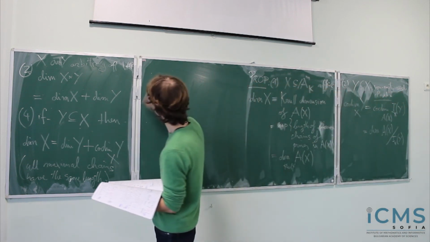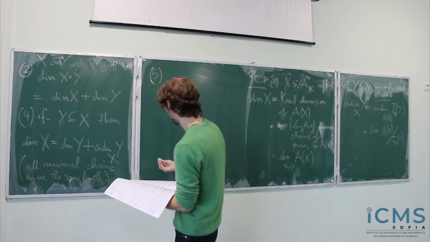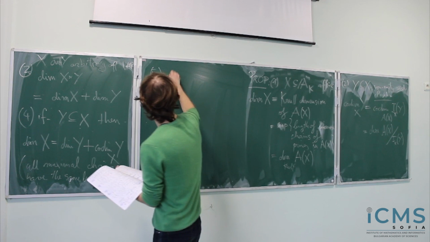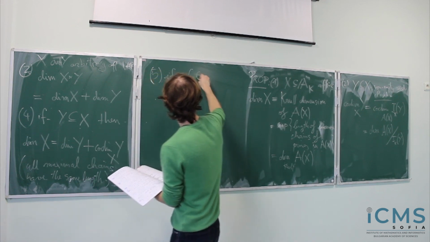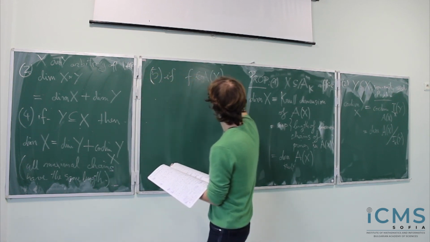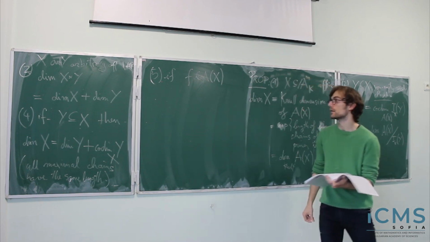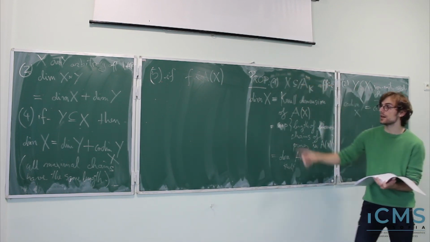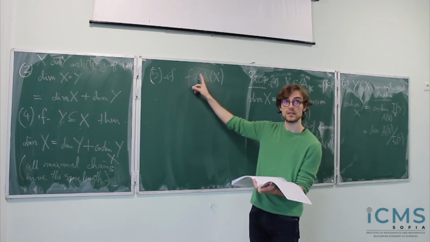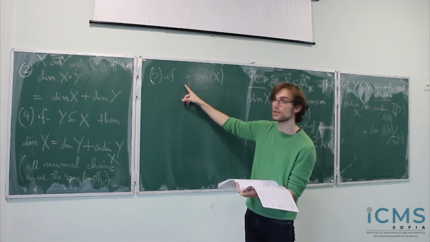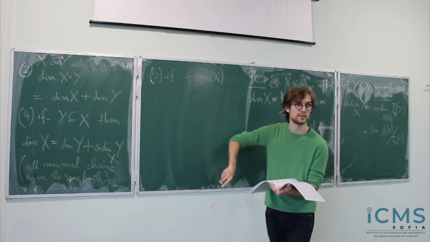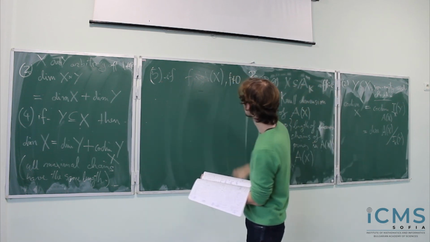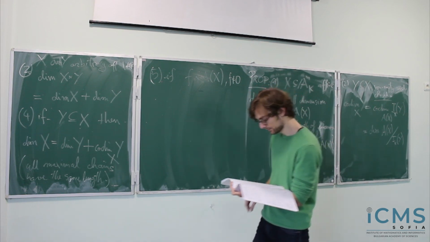Lastly, something that will become very important for hypersurfaces. If I consider one equation, so let's say I give f inside the coordinate ring of X. Again, X here is a variety, so this is a domain. So f non-zero is a regular element, a non-zero divisor.